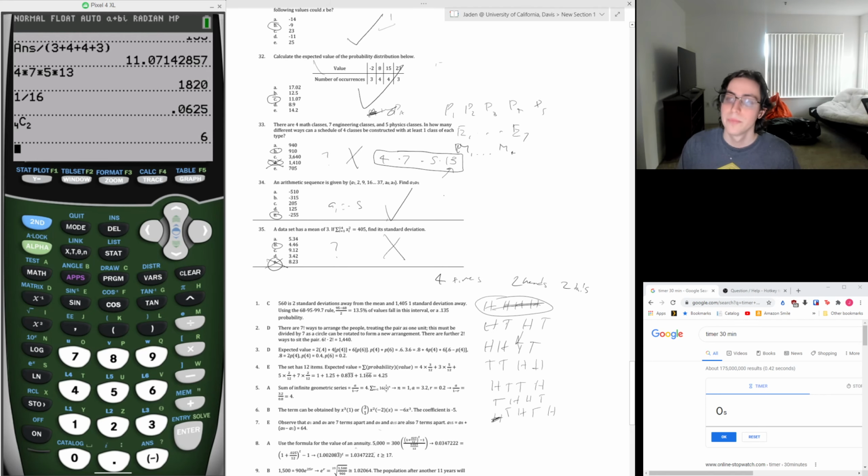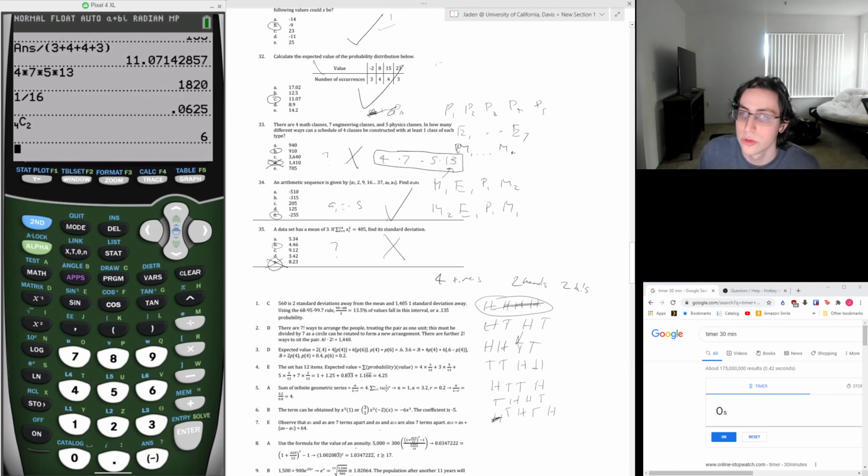This is saying that choosing math 1, engineering 1, physics 1, and math 2 is different than choosing math 2, engineering 1, physics 1, math 1.